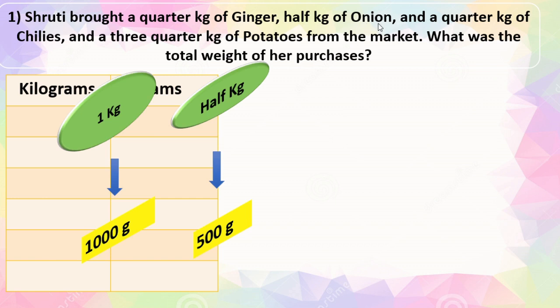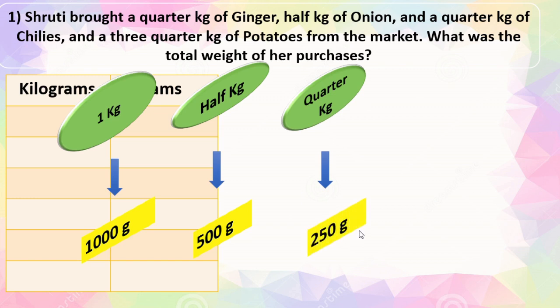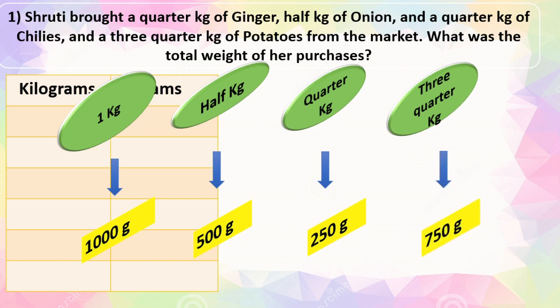A half kg onion, right? Quarter kg, what she brought? Chilies and ginger too, that is equal to 250 gram, right? And she brought 3/4 kg of potatoes. That is nothing but 750 gram. You have to remember this.